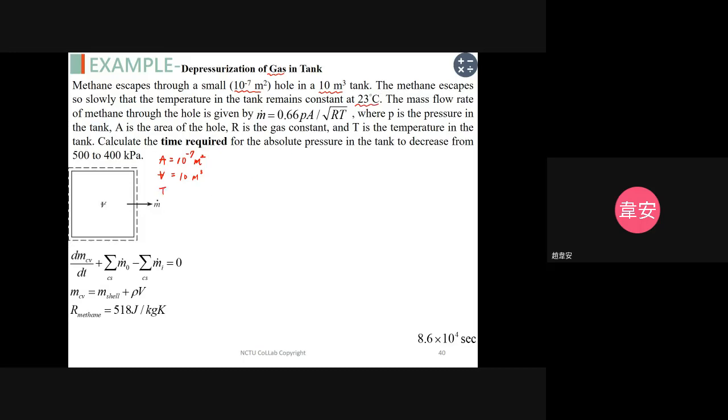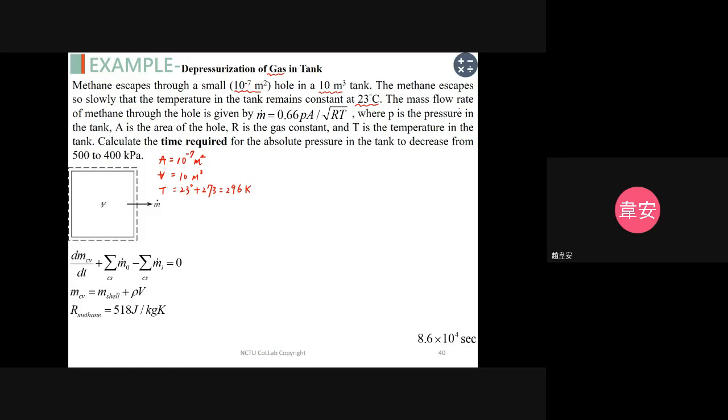So we have the temperature, and we can plus 273 to convert the temperature to absolute temperature, which is equal to 296 K.